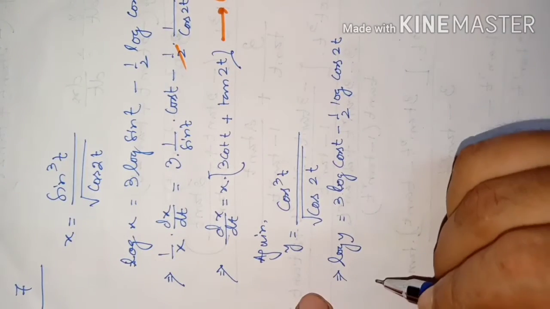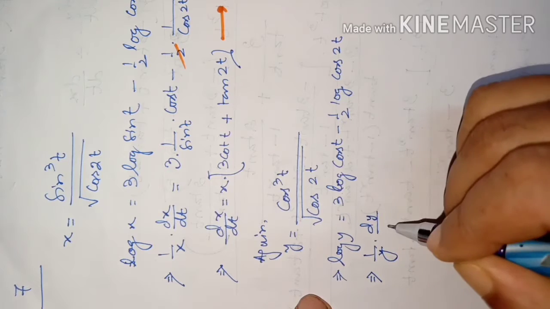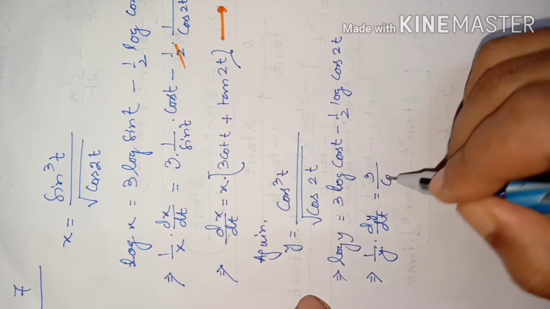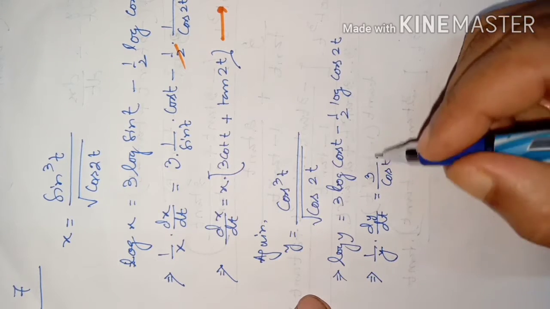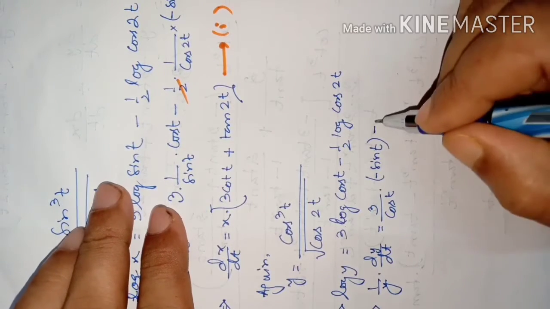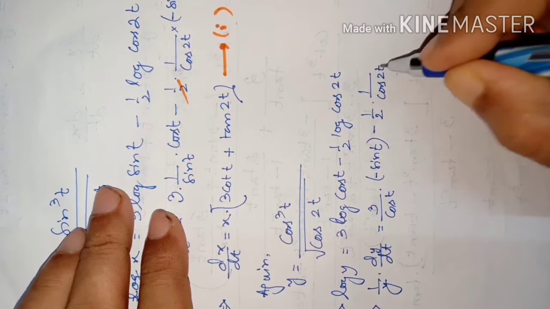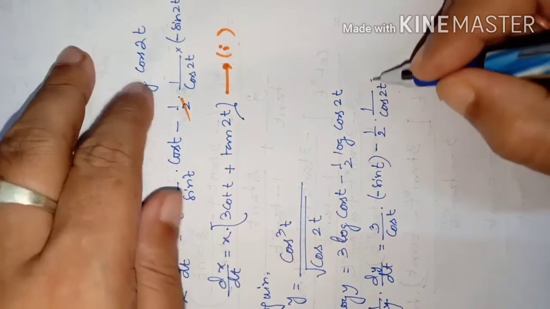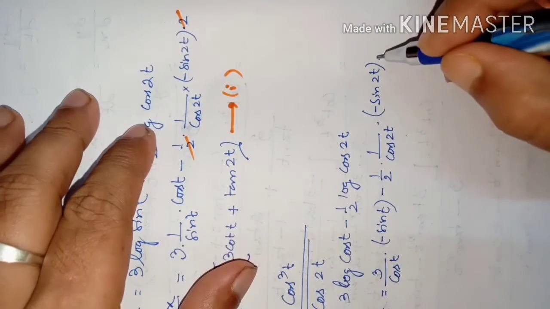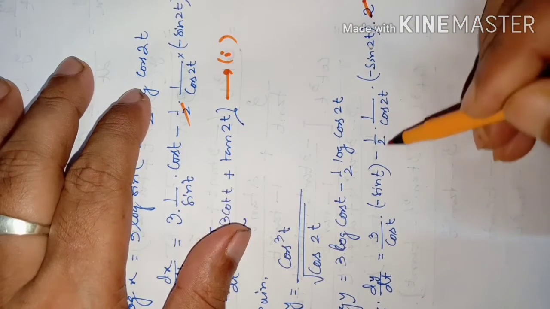Then taking the derivative of both sides, 1 by y into dy by dt is equal to 3 by cos t into derivative of cos t, which is minus sin t, minus half into 1 by cos 2t into cos 2t's derivative, which is minus sin 2t, into 2t's derivative, which is 2.